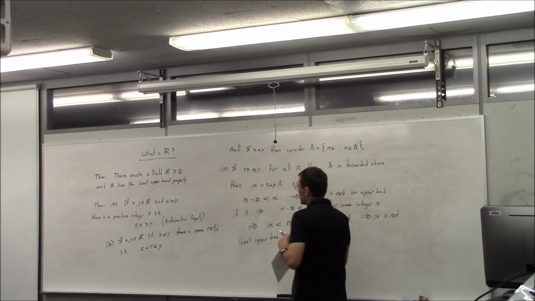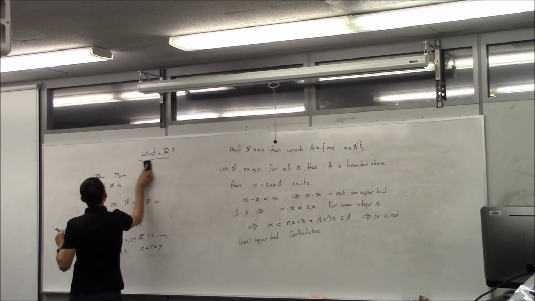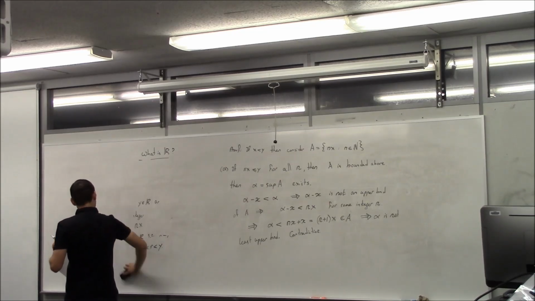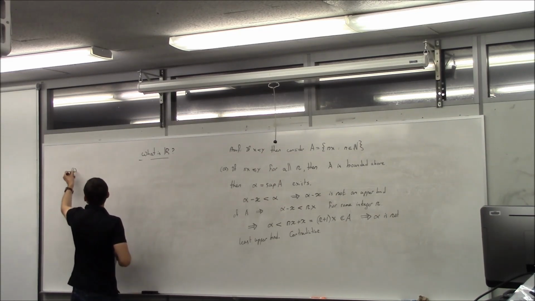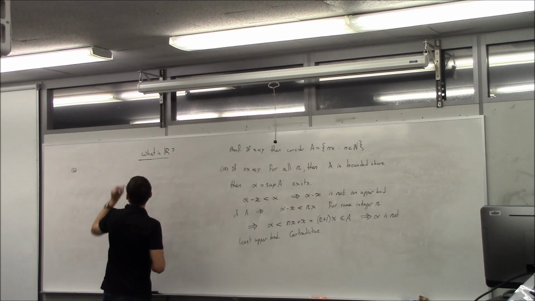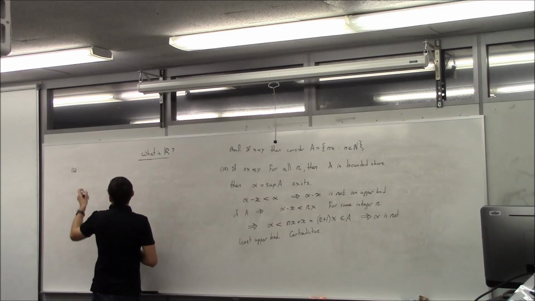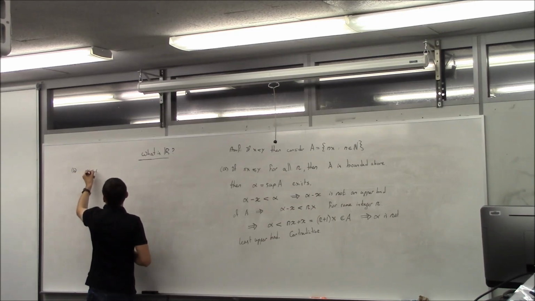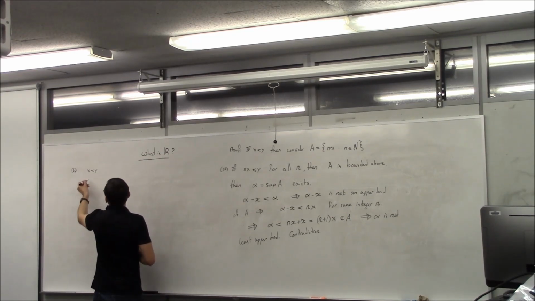Now, B follows this way. So what we have is that x is smaller than y, so y minus x is bigger than 0.